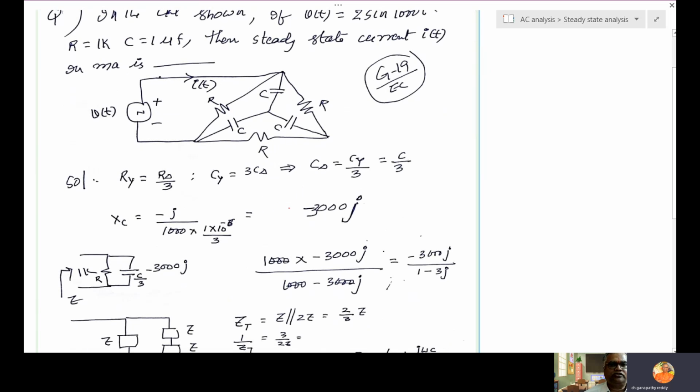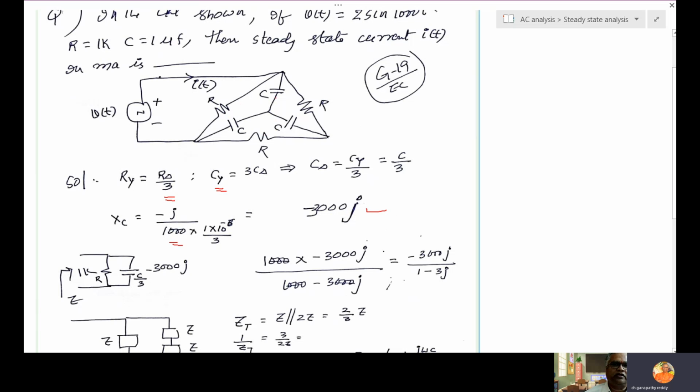So these capacitors change, you know this formula, R star equals R delta by 3, C star equals 3C delta. So C delta equals C star by 3. Then capacitive reactance is minus j by omega C, with the C value given, so minus 3000j.